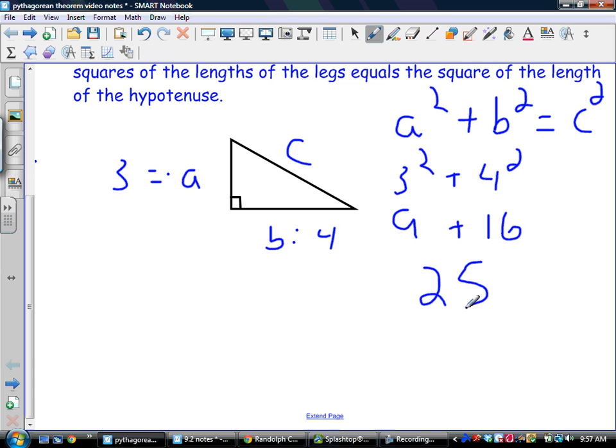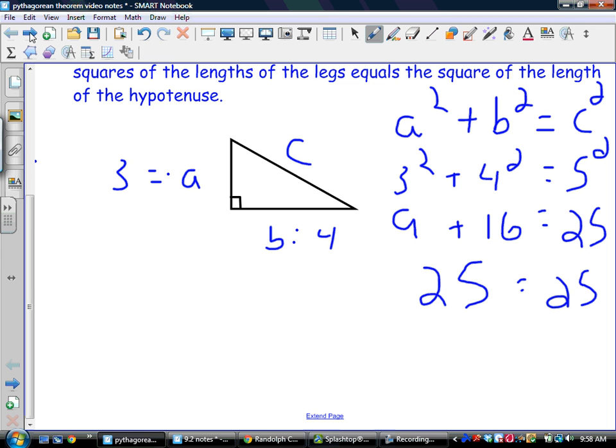So that means C, if you think about it for a second, you should be able to figure this out, should be 5. Because if I square 5, I get 25. Then I will have the sum of the squares of the legs, A squared plus B squared, coming out 25, and I'll have C squared coming out to 25. So the sum of the squares of the lengths of the legs will be equal to the square of the length of the hypotenuse. So it sounds like a lot, but it's actually very simple.